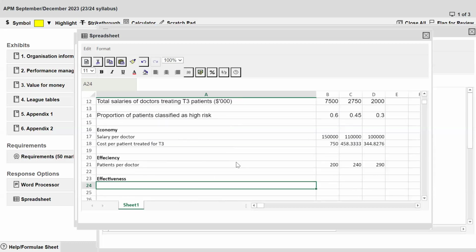Now, what is effectiveness? Effectiveness is when you are able to achieve the goal, achieve the objective. So what do we mean by effectiveness over here?